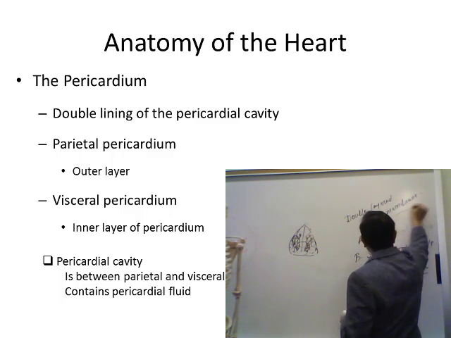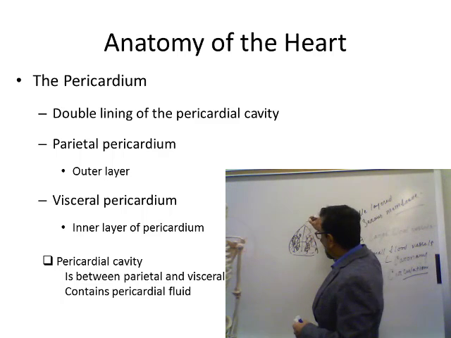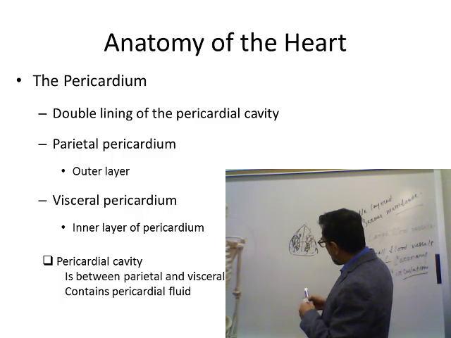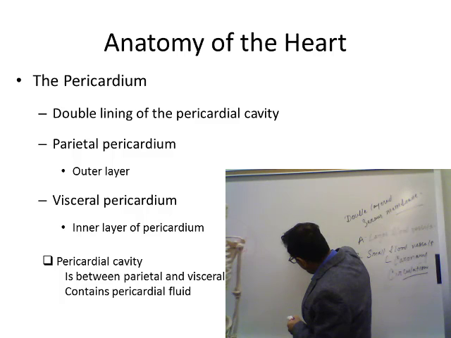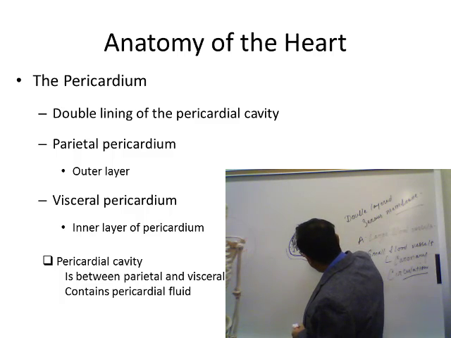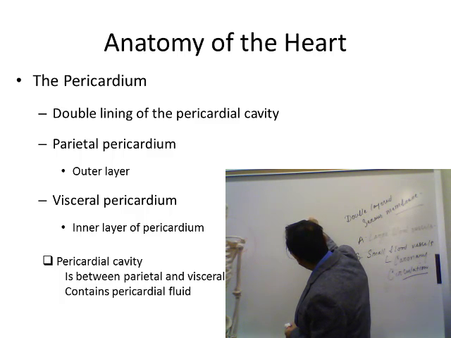So now, why is it a double layered serous membrane? If you see the pericardium, one layer, which is the inner layer, is attached to the surface of the heart like this, and then it turns like this, and then goes like that. So this is one layer attached to the wall, and then another layer goes like that and like this. Okay, so think of a balloon.